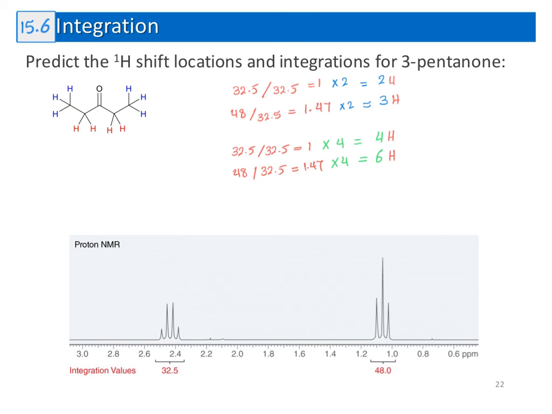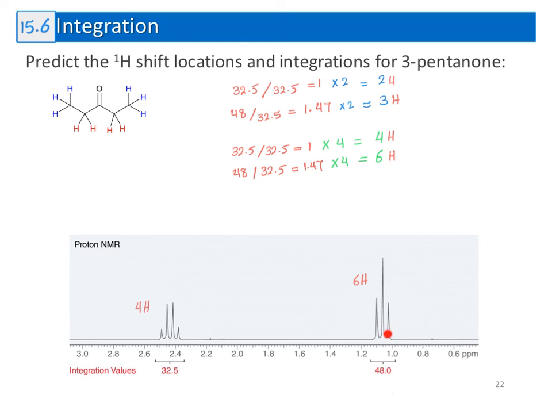Okay, so now 4 plus 6 is 10. That matches the number of hydrogens in the molecule. So this signal, 32.5, gives me 4 hydrogens, and 48 gives me 6 hydrogens.